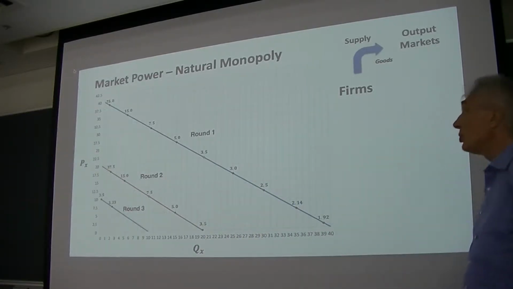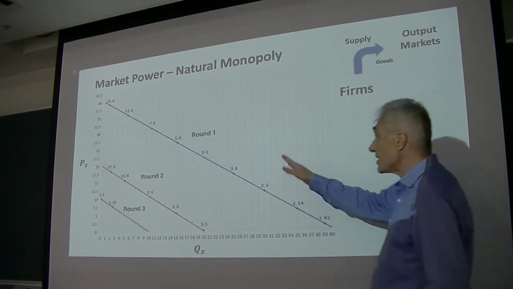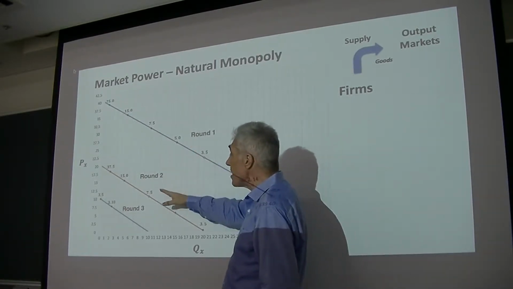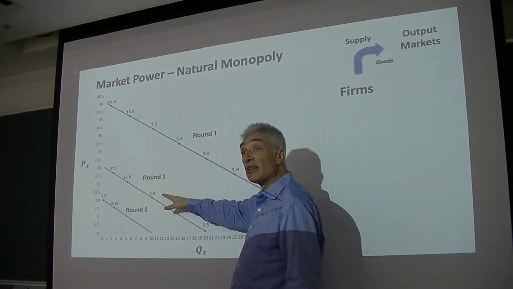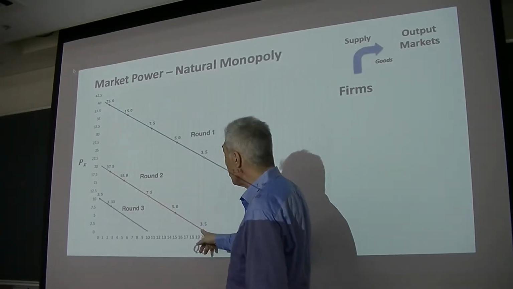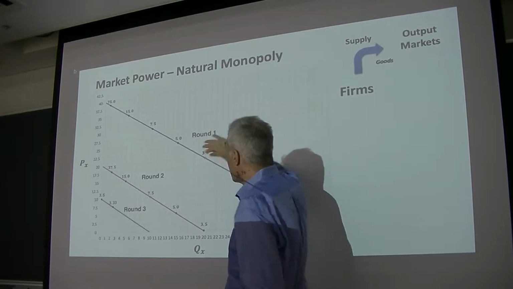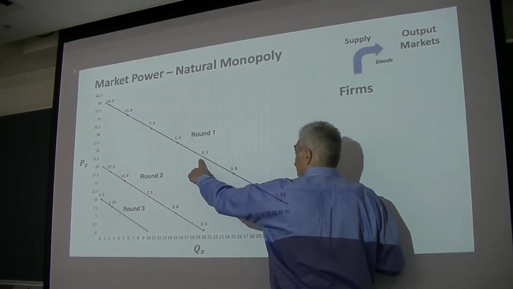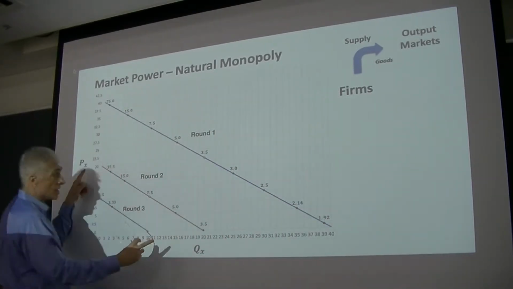Then in round two, what I'm showing on this graph is the demand curve that the second firm faces. Round two is not the full demand curve, it's this part of the demand curve, so when we move it over, it looks like this.